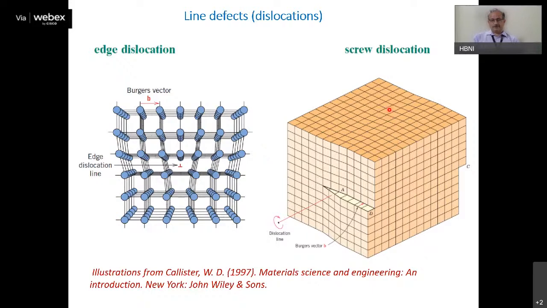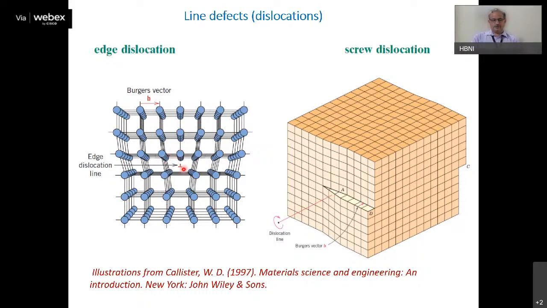Now come to the line defects. Dislocations are the main line defects. There can be edge dislocations and screw dislocations. In order to understand an edge dislocation, just consider a three-dimensional lattice, and you insert one plane up to a certain extent.